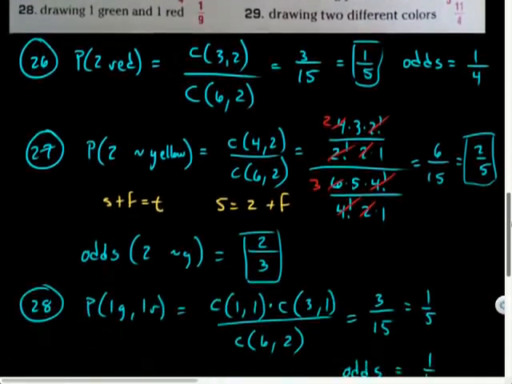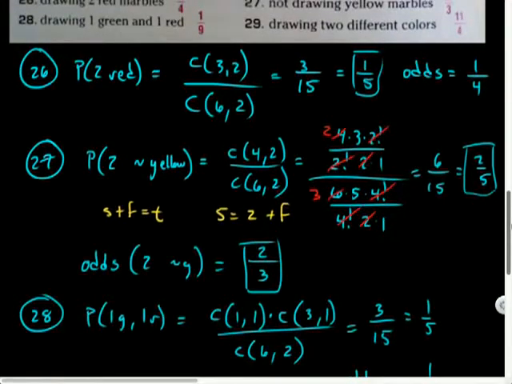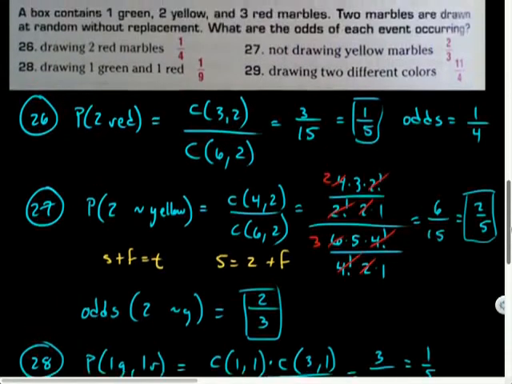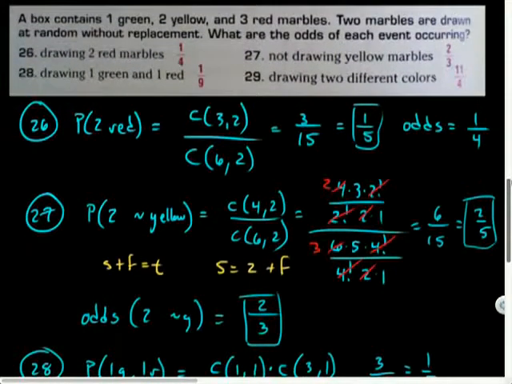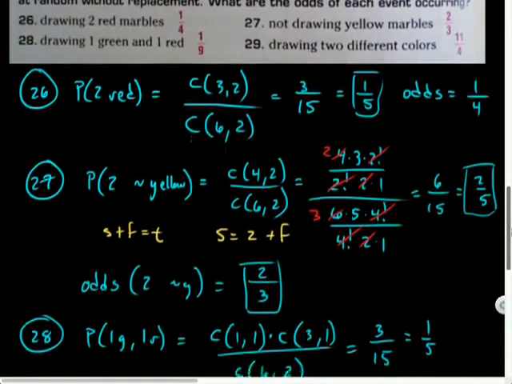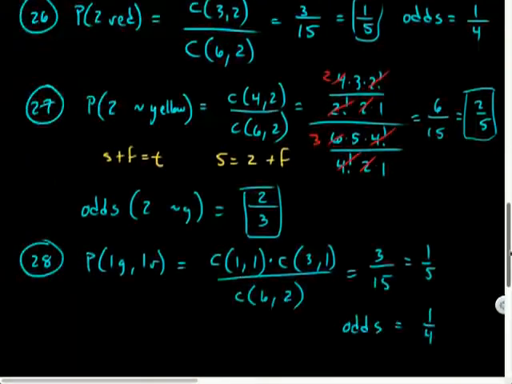No, what did I do wrong this time, guys? Man, Mr. Waddy's doing stuff wrong today. Let's see, drawing 1 green and 1 red, right? So 1 green, 1 red, combo. Let's see, wait a minute.